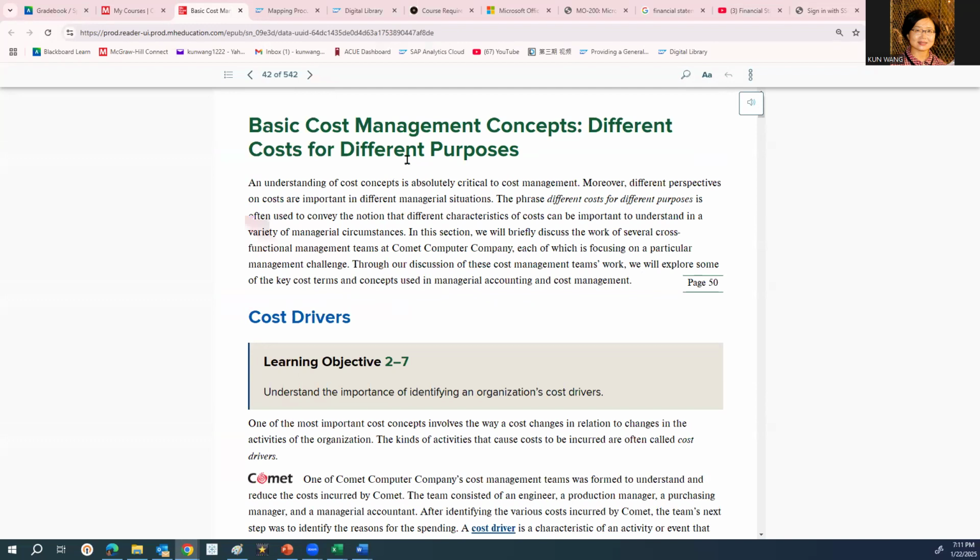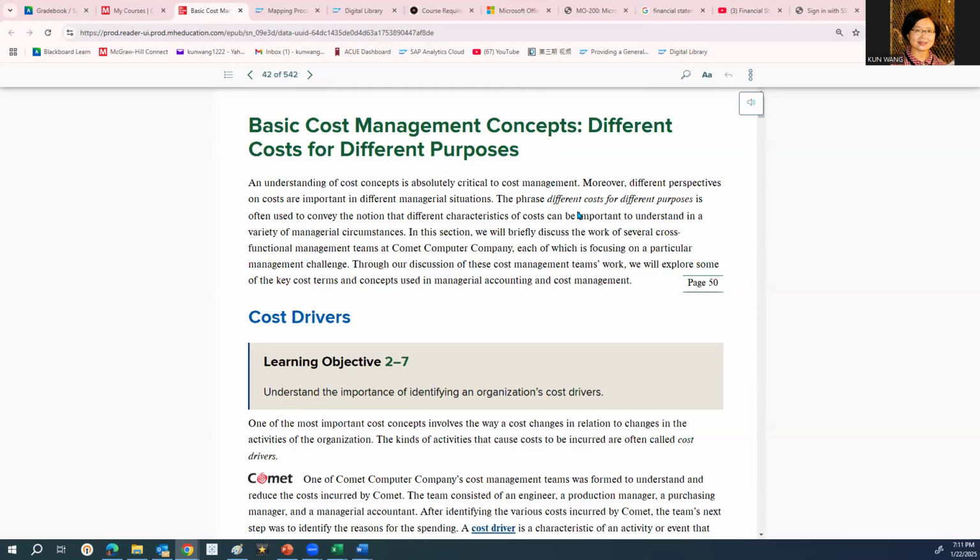So I want you to read page 42 of the ebook. Really pay attention and read carefully the section on basic cost management concepts, different costs for different purposes. That section of the ebook is written very well.